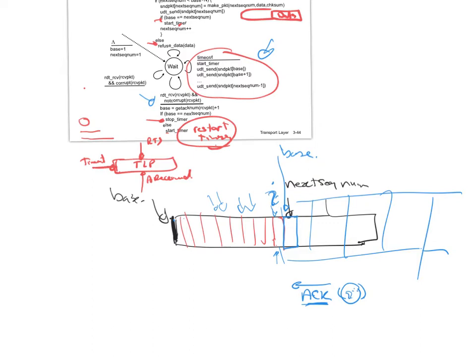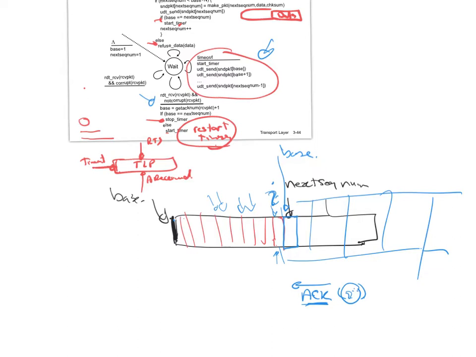The next sequence number will keep incrementing. We'll talk about this next. What is the minimum number of sequence numbers? Assume that n is 5. What is the minimum number of sequence numbers? 6.